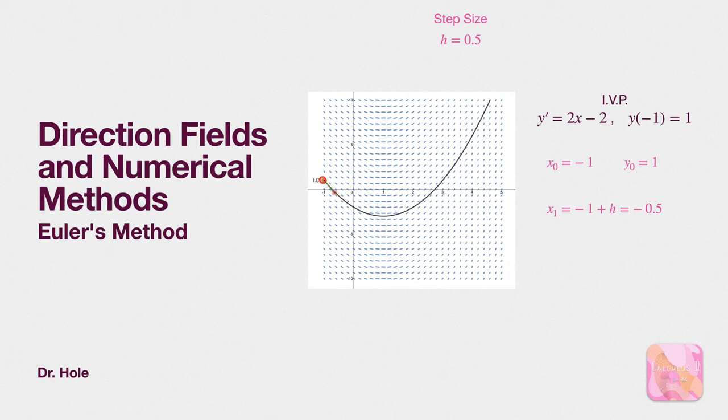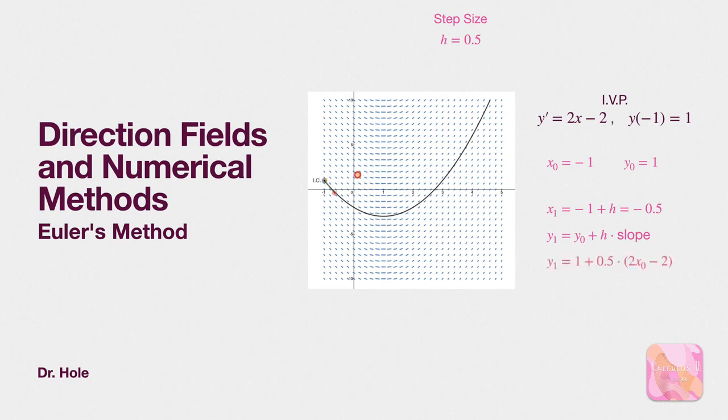What we're going to do is use the information at the previous location, the black dot, and determine what the slope, the instantaneous rate of change, is at that black dot. So we know that the initial y-coordinate is 1. We're going to take 1 and add run times slope to give us the amount that we have to rise. Our information on slope is provided by the previous dot, the initial condition.